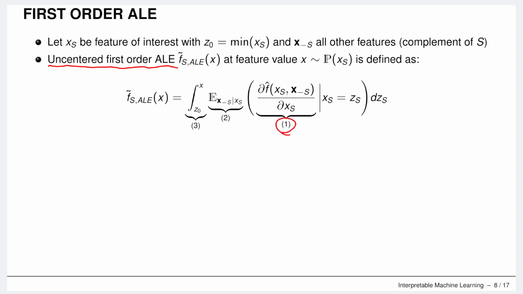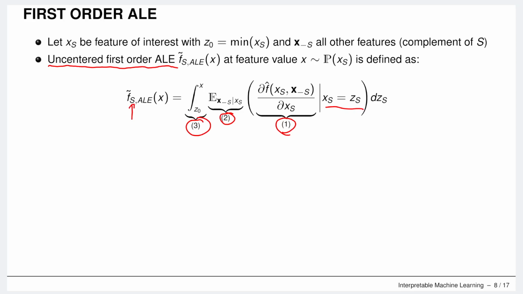First, the expectation of the partial derivatives, which are the local effects basically at a certain point evaluated at x_s equals z_s, and the last step, the accumulation, so the integration up to a certain value x. So don't be scared about this probably complicated formula. We will have an example later on. Important to note is that this is the ALE function for feature of interest S.